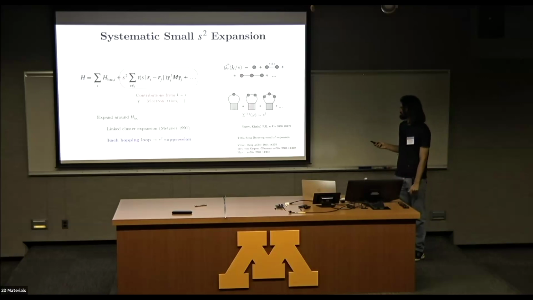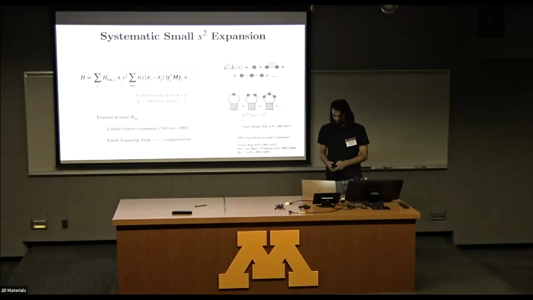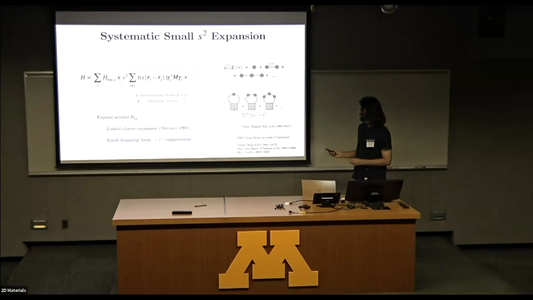And when the dust settles, it turns out that you really want to count loops as opposed to hopping lines. So you have to resum all of these things, and that gives you a scheme to actually calculate order by order in s squared in a non-pathological way. It really just amounts to a loop expansion in these hopping loops.